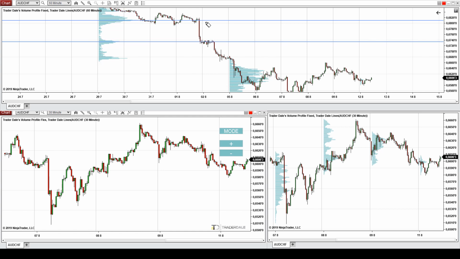And the second one is in here at 0.6811, and this one is based on volume accumulation setup. As you can see, pretty massive volumes got accumulated in this rotation.